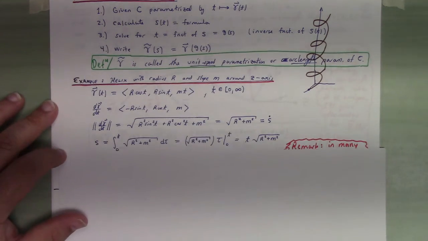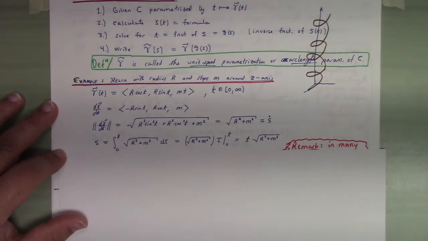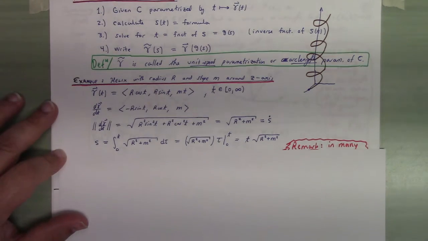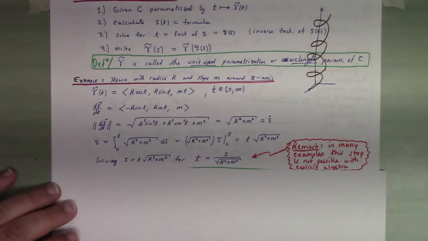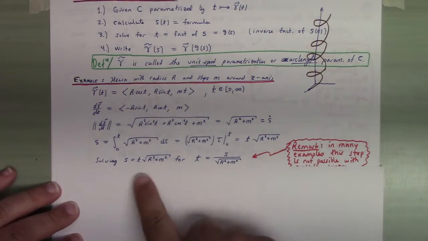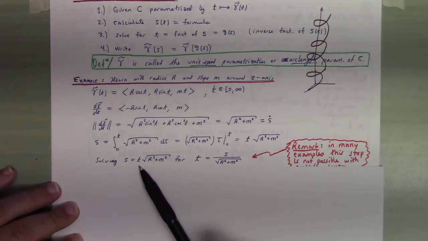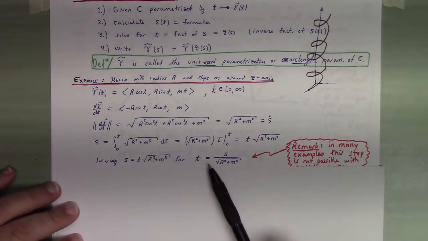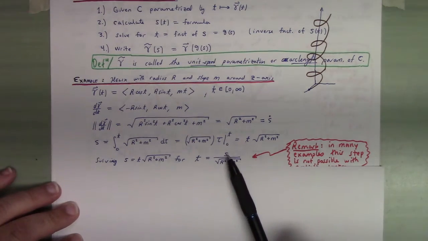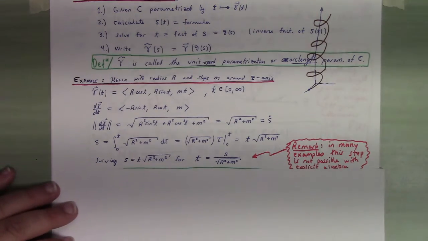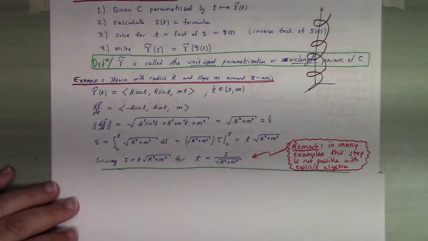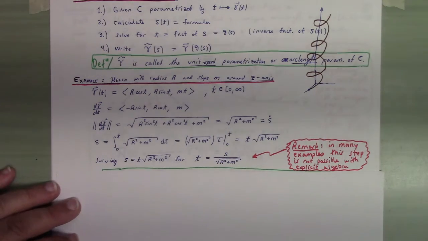When I calculate the integral of the speed with respect to time, I get time times that number. That's pretty nice, because I can take this formula and solve it for t just by dividing by the constant. So the time is equal to the arc length divided by the square root of r squared plus m squared.